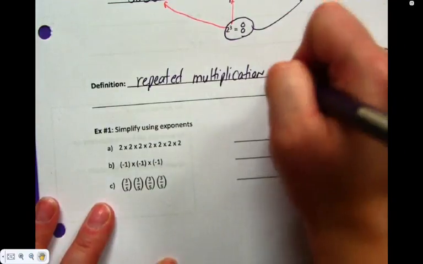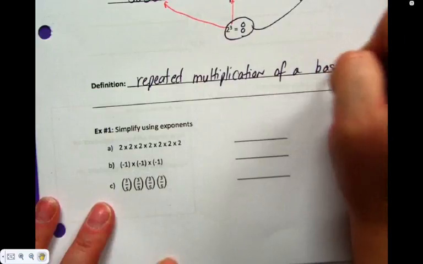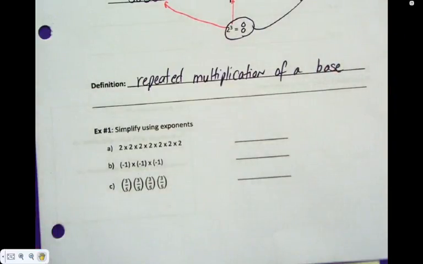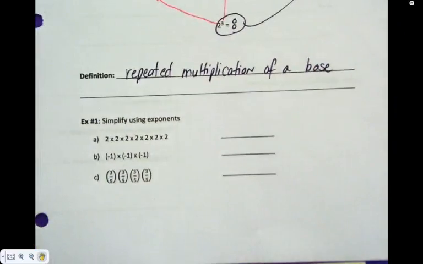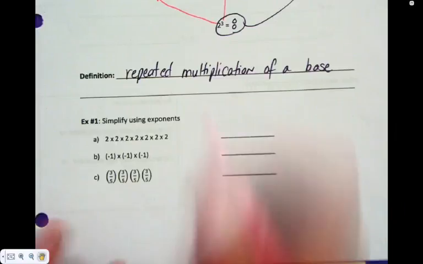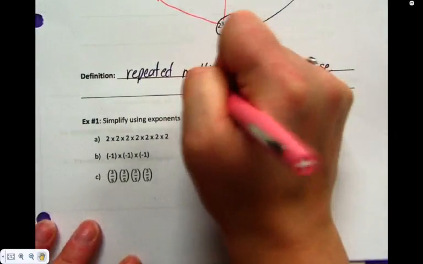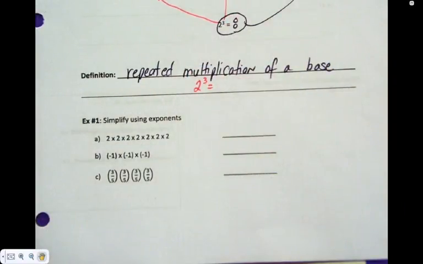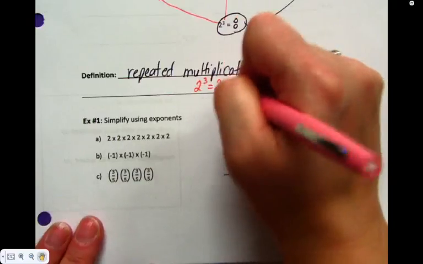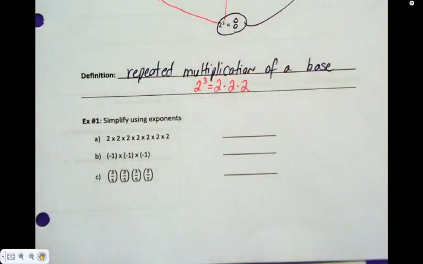Repeated multiplication of a base. It's just a short way to write multiplication because we're lazy people. So 2 to the 3, for example, is not 2 times 3. It's 2 times 2 times 2.